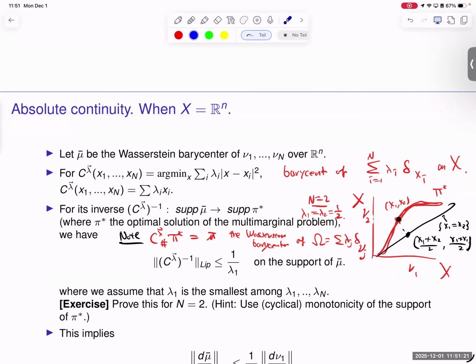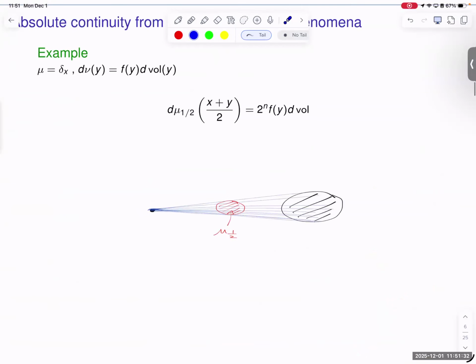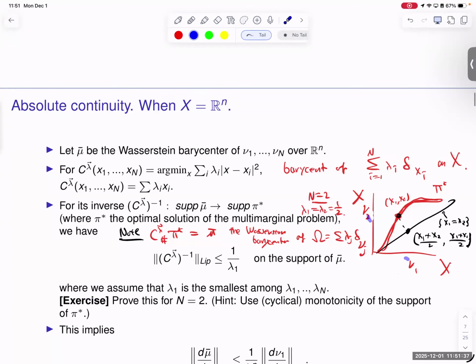Okay, and that is something you can prove, and that Lipschitz bound is actually the same as in the two marginal case. In the two marginal case, the map from the Wasserstein barycenter to the support of the optimal pi star, which is basically the mapping from this diagonal to these points, has this Lipschitz bound.